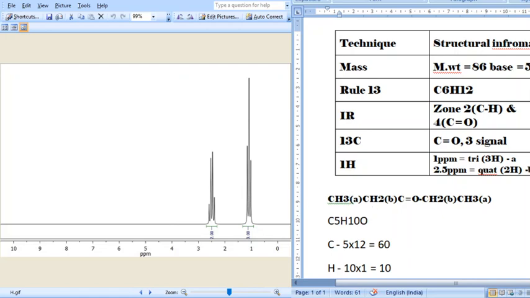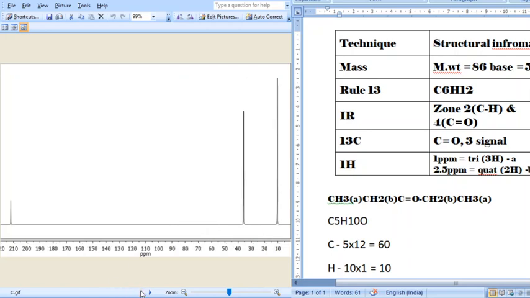The chemical shift value of this signal is 2.5, which implies that the CH2 is connected to the carbonyl carbon. All the data exactly match, and there are only 2 sets of protons. All the CH3 protons are one set, and all the CH2 protons are another set, and therefore we get only 2 signals from proton NMR.